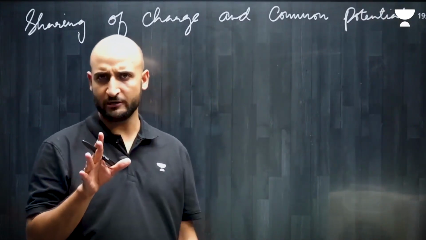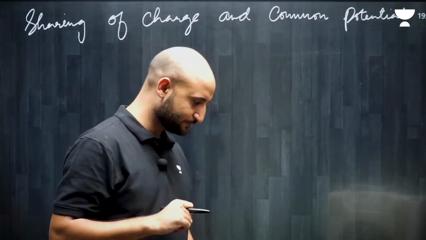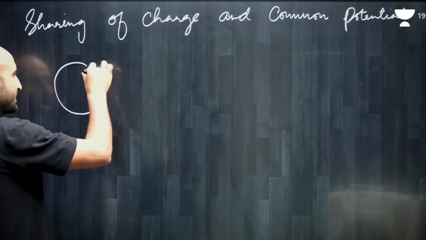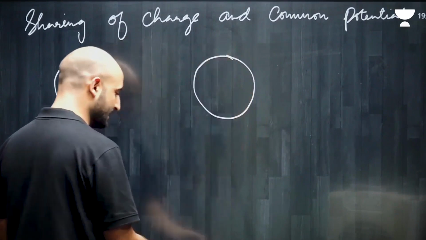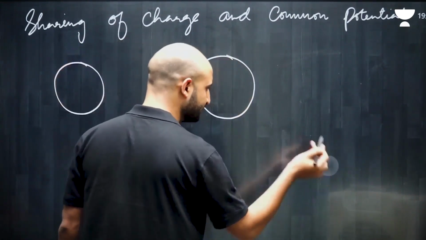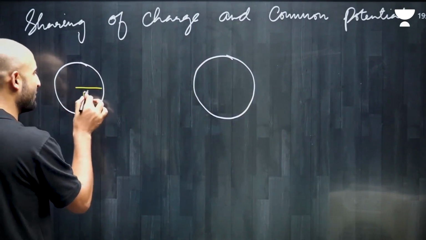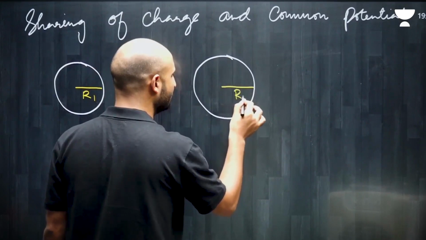Now have a look here. What kind of situation, what kind of problem are we talking about? Let's assume we have two spherical conductors. This is one spherical conductor, and this is another. The radius of this conductor is R1, and the radius of the other is R2.